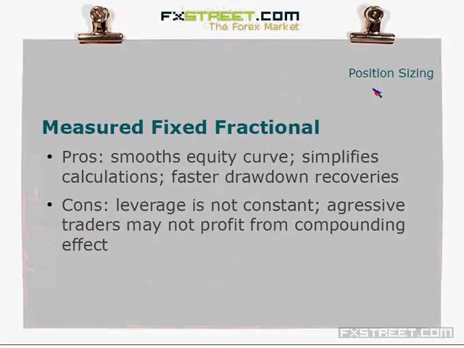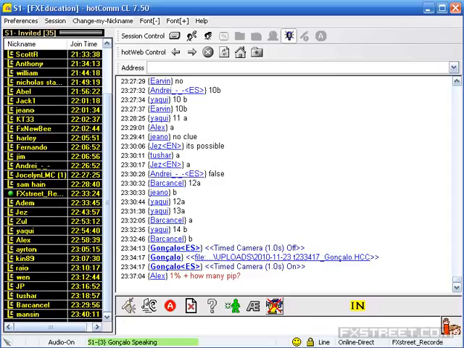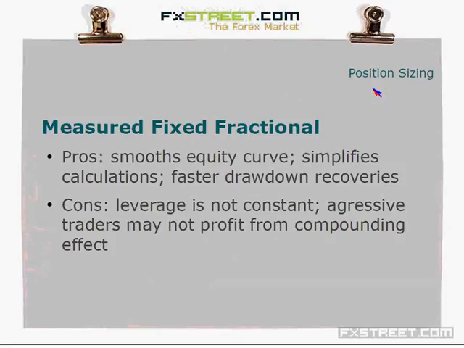As a disadvantage, we can also say that aggressive traders may not profit from the compounding effect, from that anti-martingale effect of adding to winning positions. So even if you are winning and adding positive results to your account, the position size stays the same until you reach the next measure.